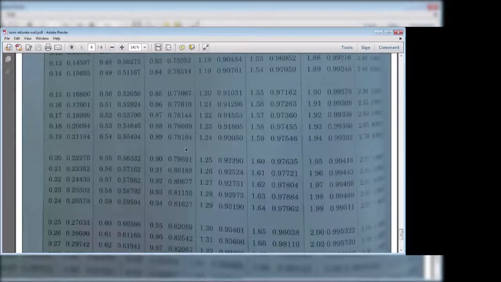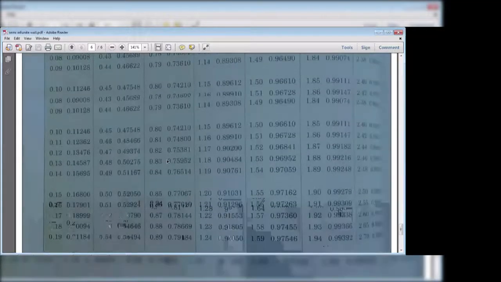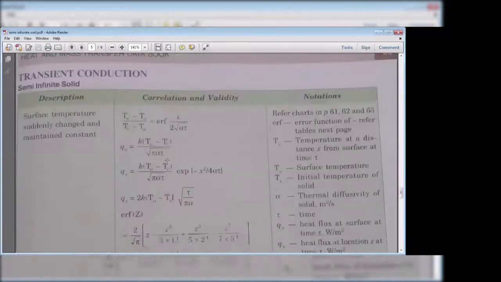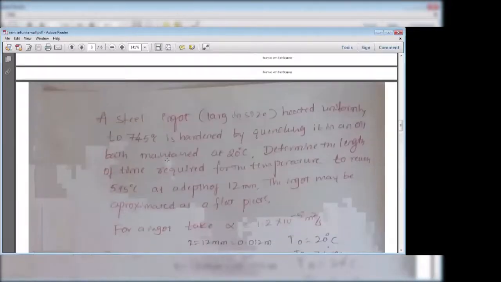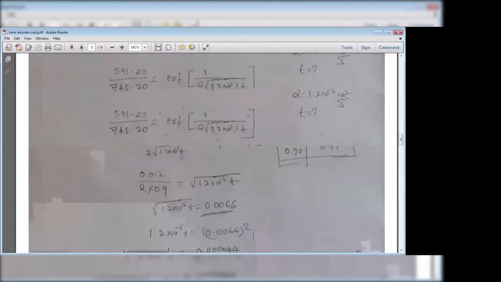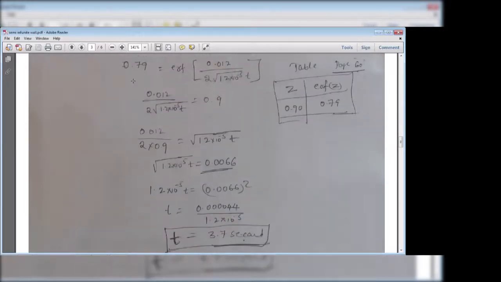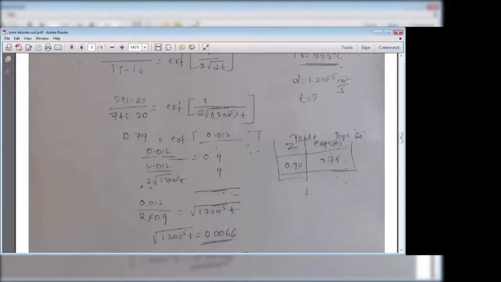Understand? 0.79184 and 0.79691. So you can take the Z value 0.89 or 0.90. Okay, come to here. So I have taken the value 0.79.